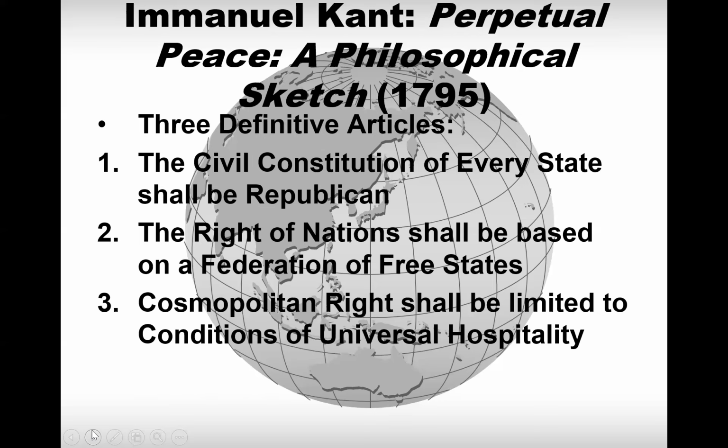They are not necessarily all republican, and you do not have the right of universal hospitality. So people from China, the People's Republic of China, cannot work and live in Japan and enjoy the same rights they had in China. Similarly, people from Japan cannot work and live within China and have the same rights as they do in Japan.